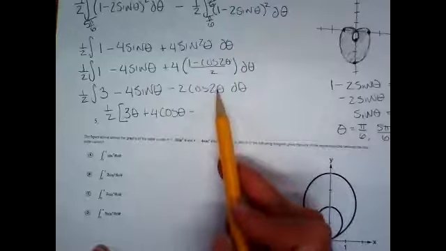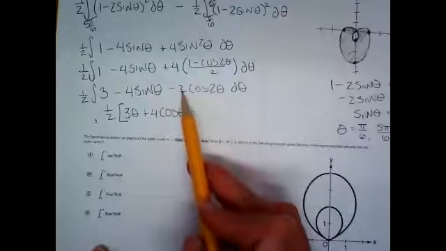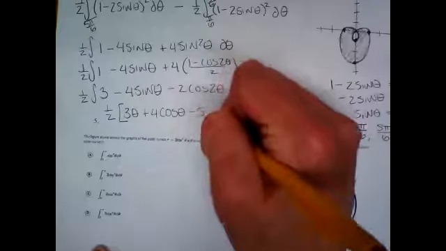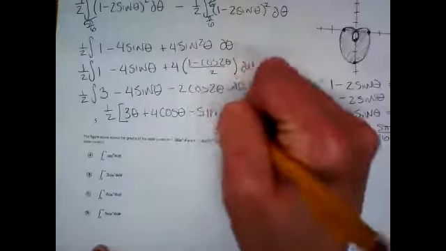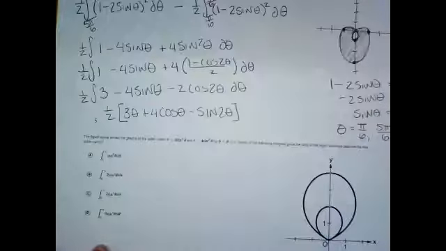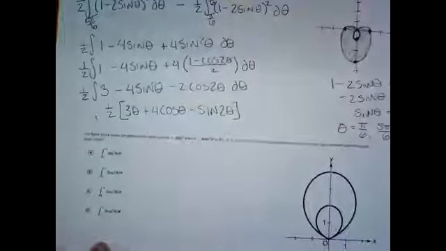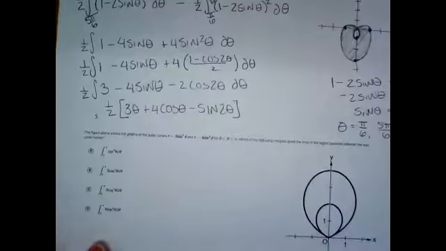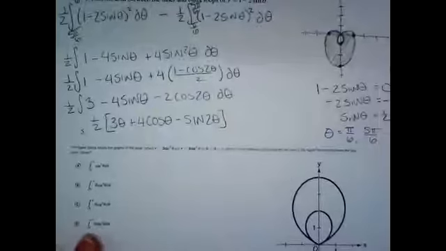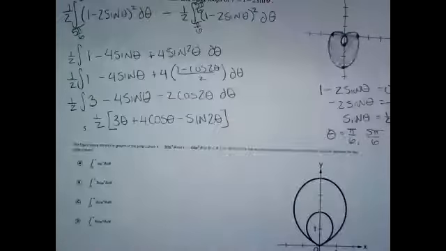You would need a 1/2 as an adjustment there, but the 1/2 and the 2 are going to cancel. So it'll just be minus sine of 2 theta. Now, I'm not going to make you write this. The whole point of me going through that was so that you could practice doing an antiderivative.